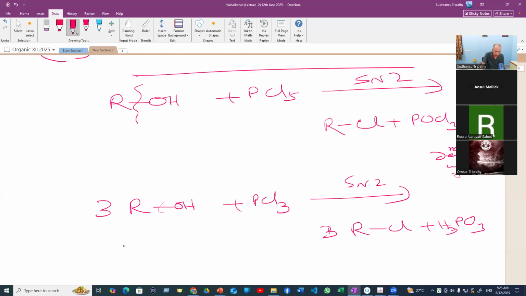The 3 OH groups will undergo substitution, and phosphorus will be bonded to 3 OH groups. Then it will undergo a little bit of rearrangement, because in phosphorus acid, one hydrogen is directly bonded to phosphorus. So you get RCl.